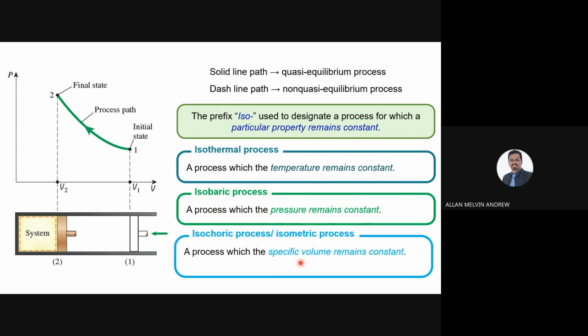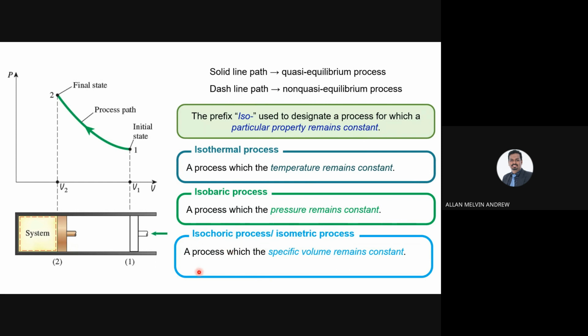Okay, then we have isochoric, or isometric process. Choric, or metric, is always related to volume. If this term is used in your exam question, you need to know iso means balance and choric is related to volume.